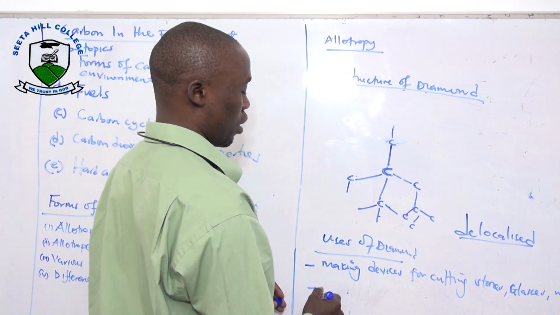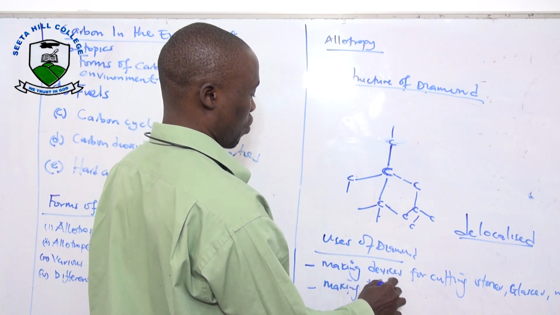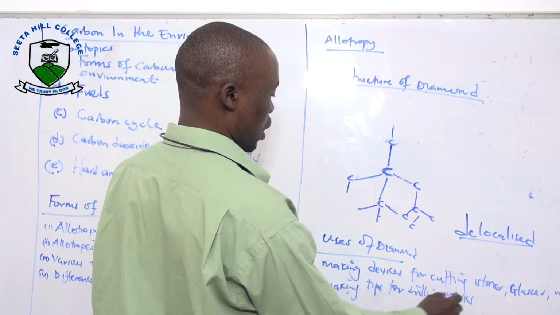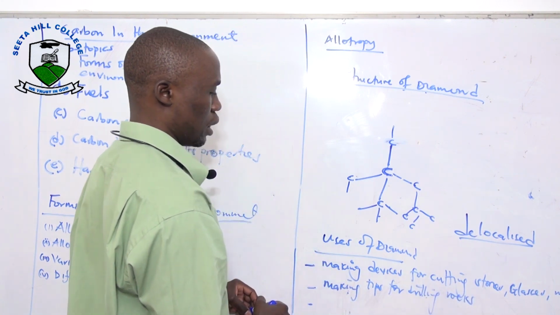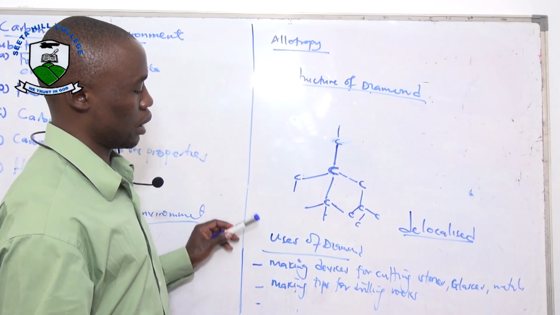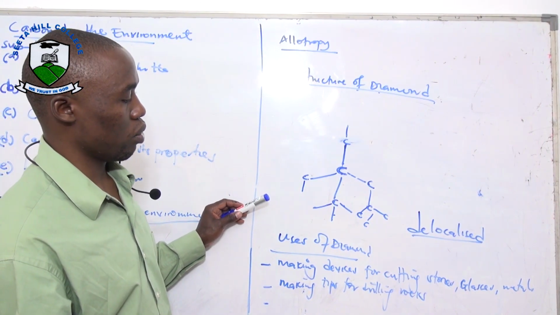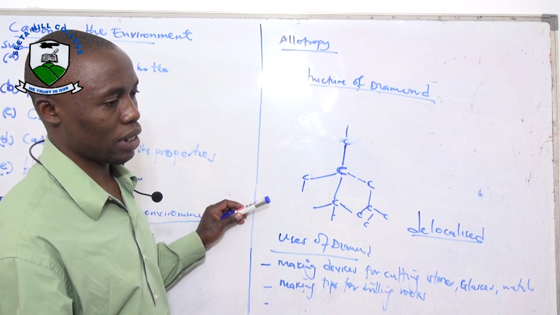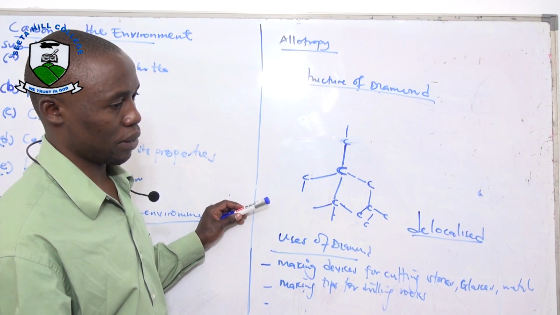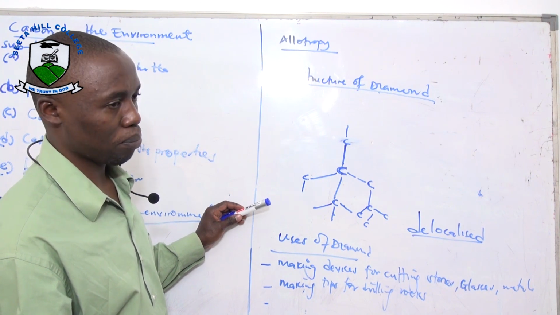That means drilling rocks, making tips for drilling rocks. What else does diamond do? Yes, it can be used as an insulator since it is a poor conductor of electricity. Is there another?